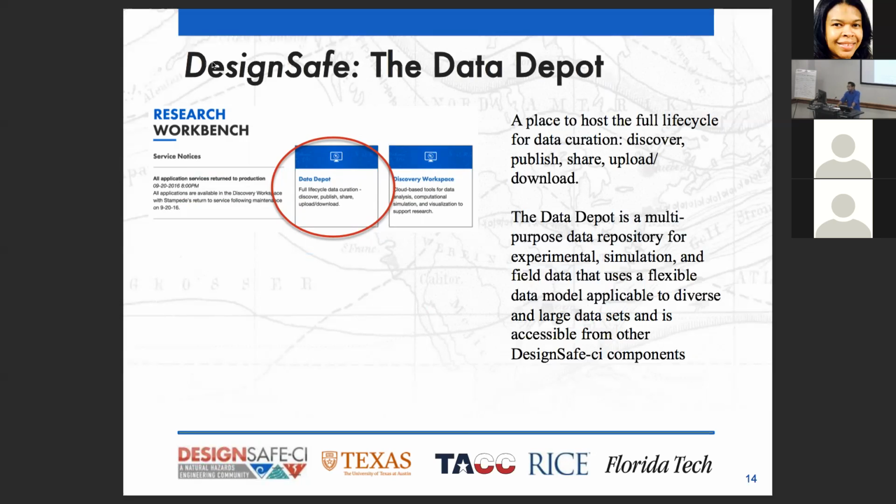The data depot is essentially a multi-purpose data repository. We want you to load all the data that you need to the data depot in whatever format you require. There is no hard format on this. This is open to yourself. We want you to be able to take full advantage of the data depot and load your data here and use it on the cloud.